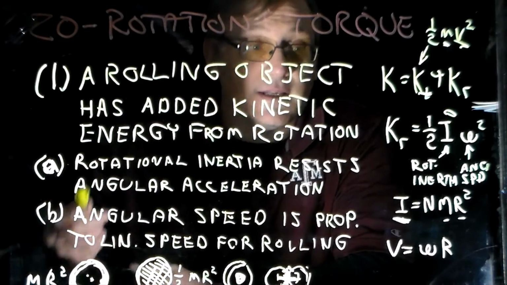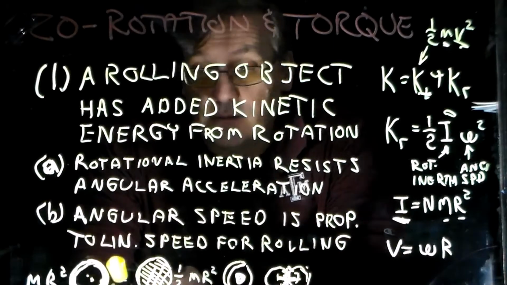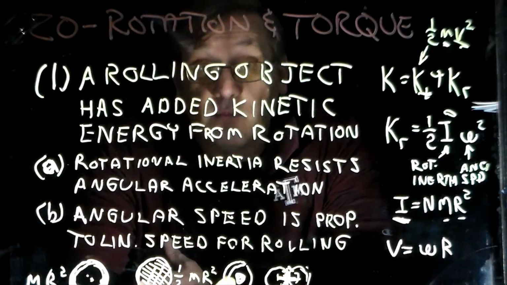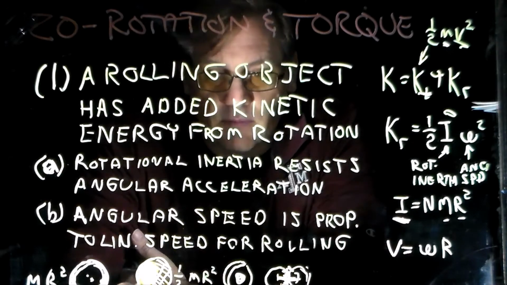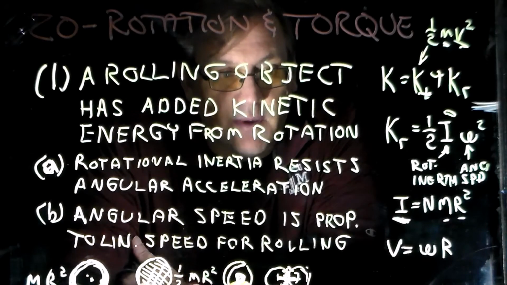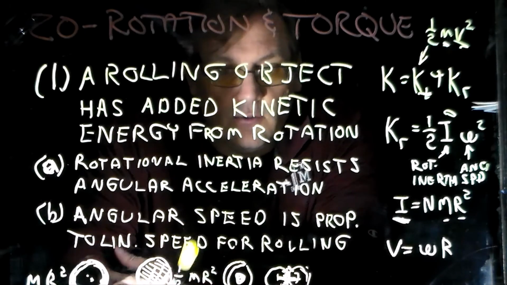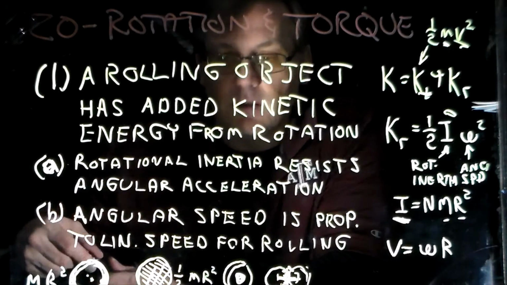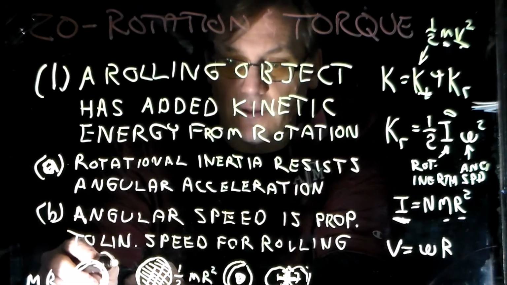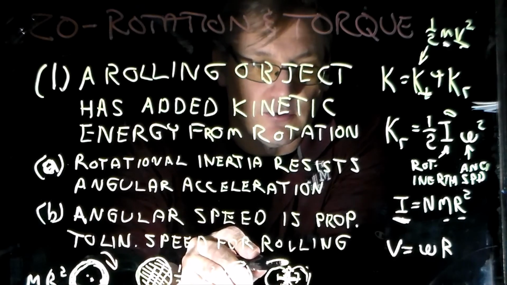We're going to see this in the example where I compare an object that's rolling and an object that's sliding. It's the same object rolling and sliding, and you'll see that you get an additional amount of energy from the rolling motion as this goes along.